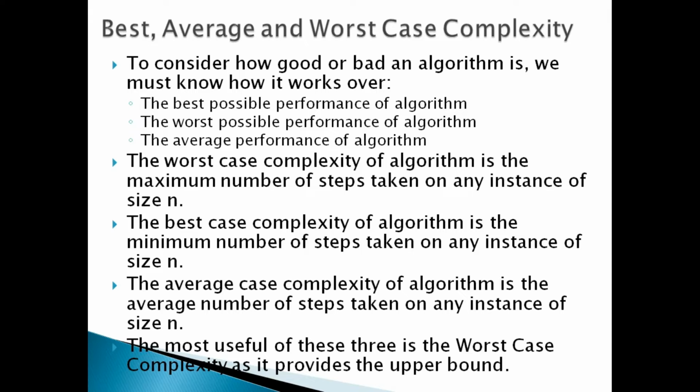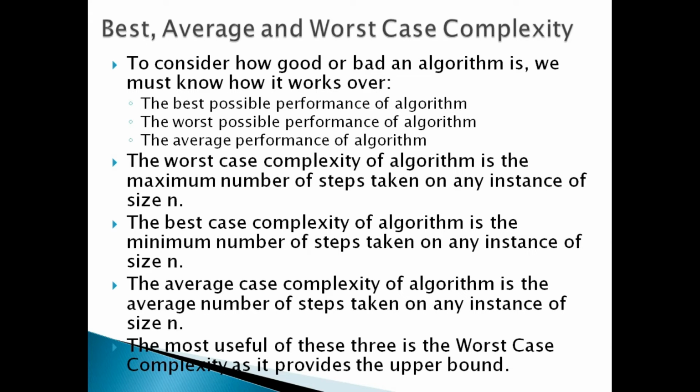The worst possible performance is called the worst case, and the average performance is called the average case. For example, take a searching problem. If we find the element at the first position, it is called the best case. We have to perform only one operation.